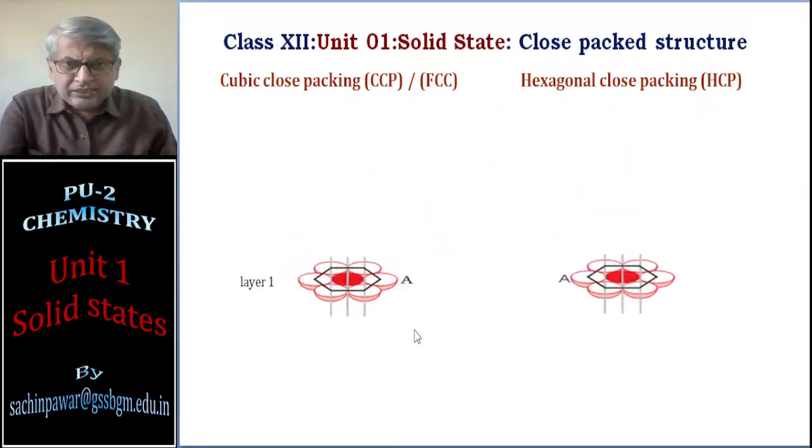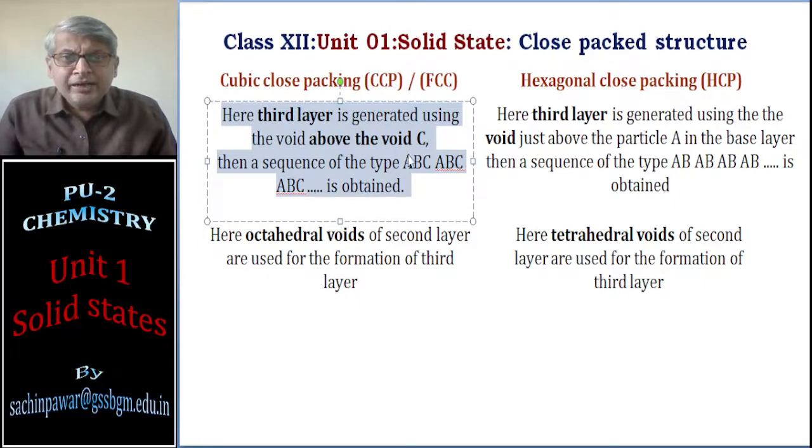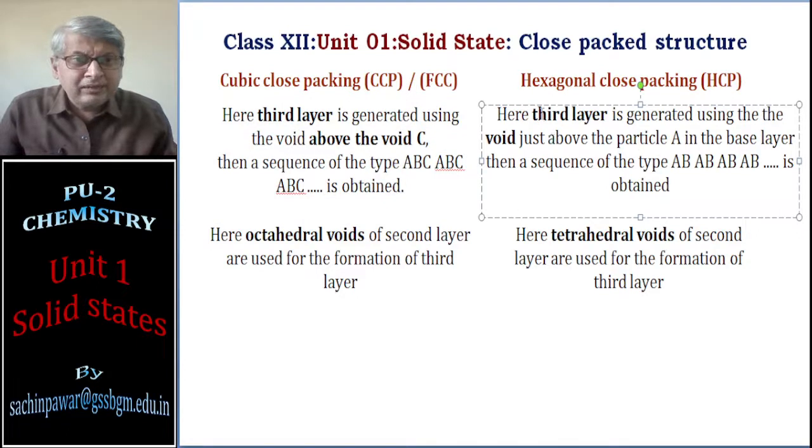So when you do this first layer, second layer, third layer, you will come to know that in cubic close packing, the third layer is generated using the void C, that is the octahedral voids between the first layer and the second layer, whereas in hexagonal close packing, the third layer particles are placed on the void A. That is AB type of arrangement I am going to get, and the arrangement is obtained by placing the particles of the third layer on the tetrahedral voids between the first and the second layer, and that is called hexagonal close packing.